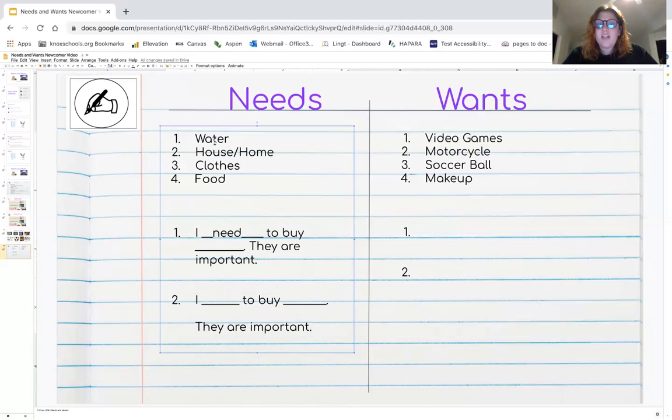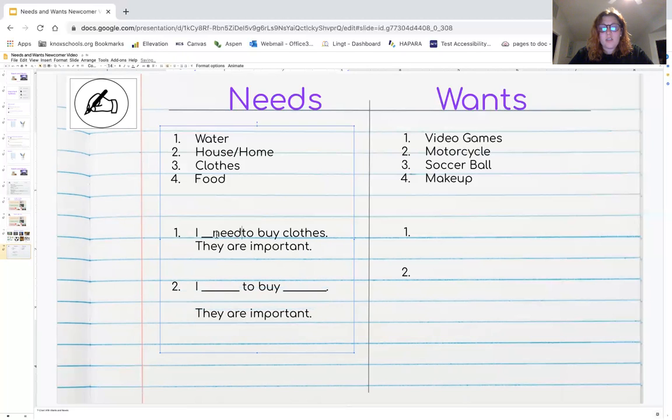What do we need to buy? A water, house, clothes, or food. You can choose. I need to buy, I will say, clothes, right? And clothes are important. I need to buy clothes. They are important.